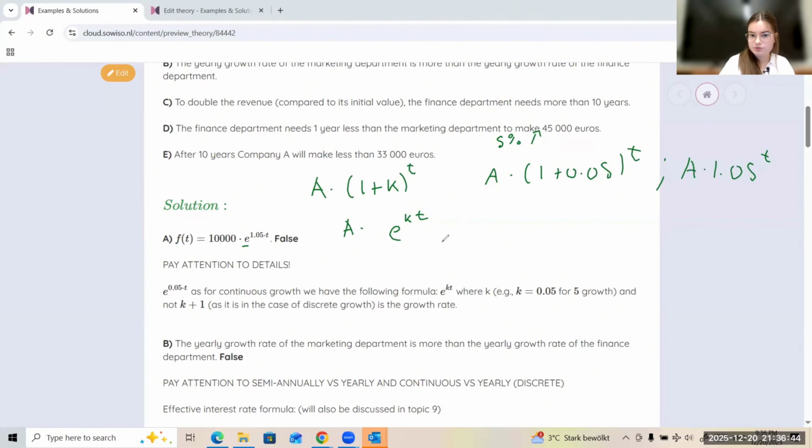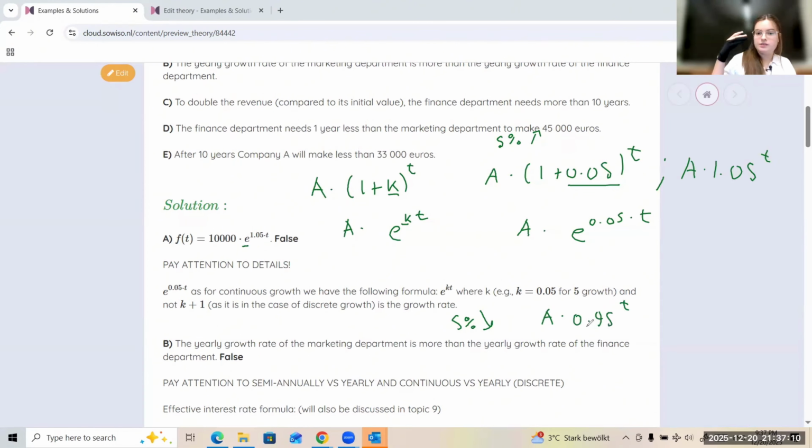For continuous growth, you would only have A times e to the power of k times t. So if you want a decrease, a 5% decrease, you would signal it here with a minus in front. So it's going to be A times 0.95 to the power of t.